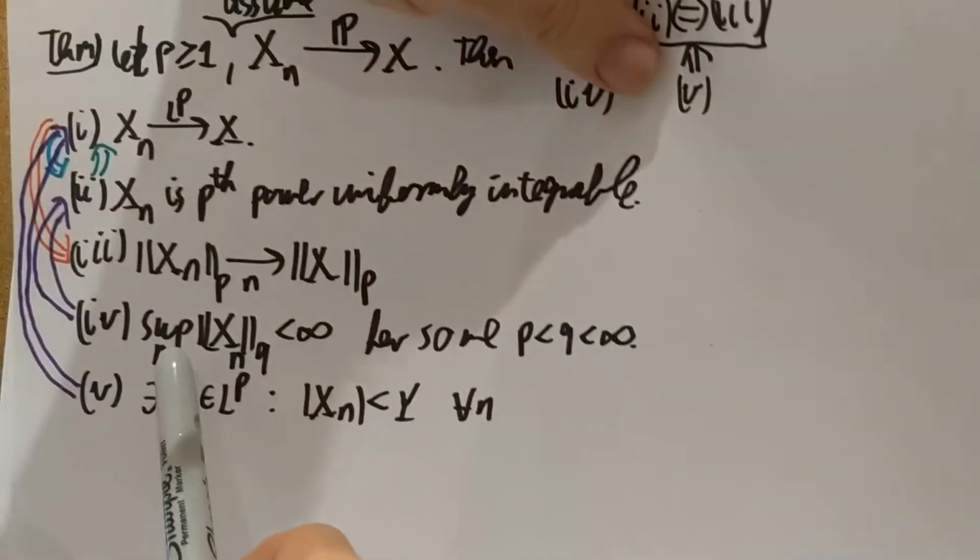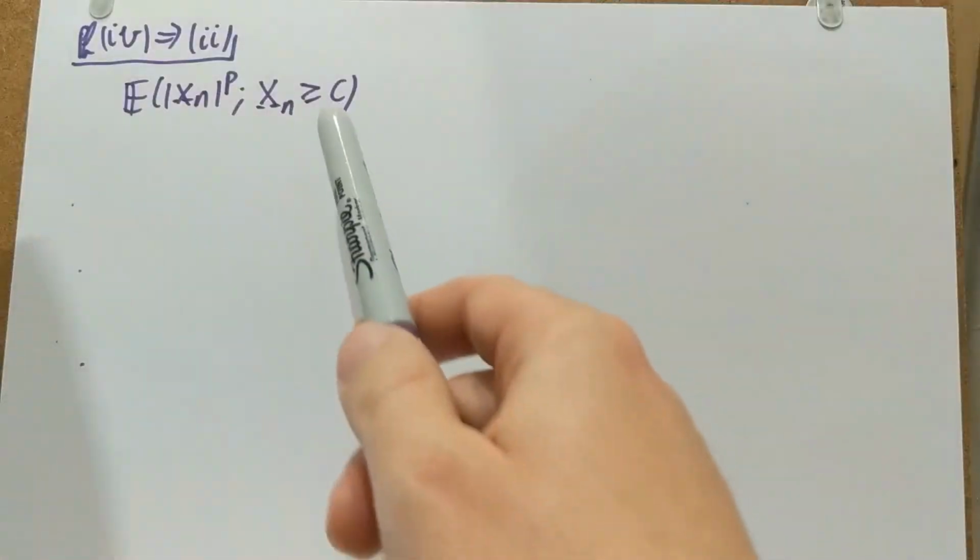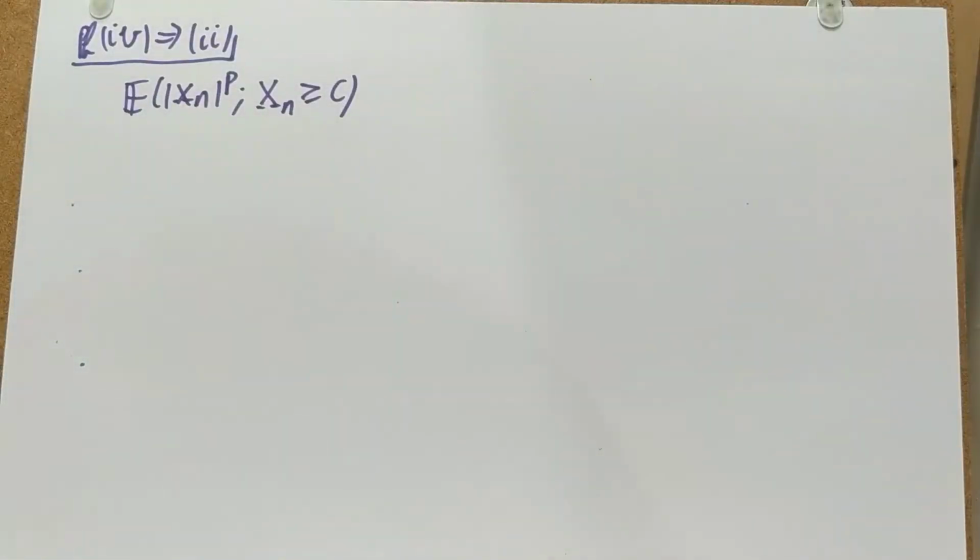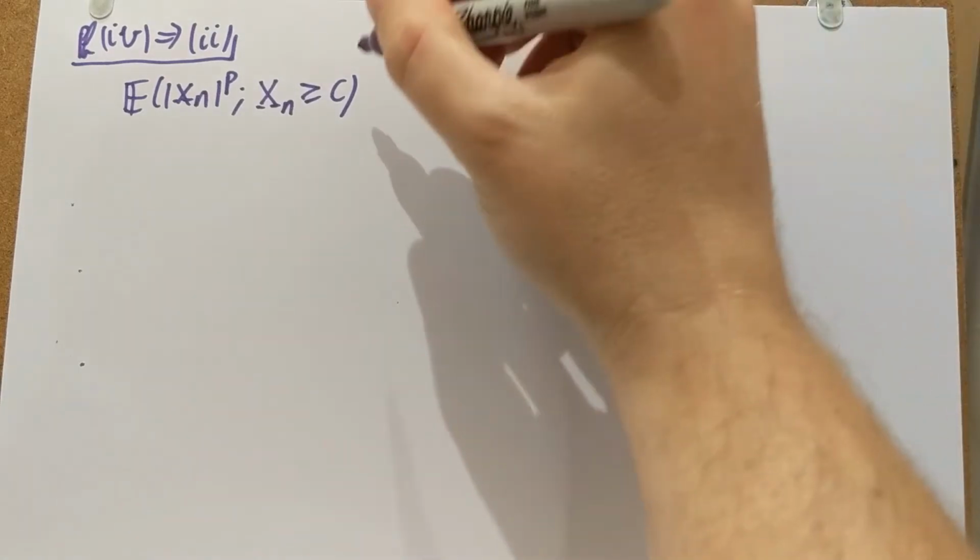So assuming boundedness in LQ, we can make this as small as we want just by taking C high enough.